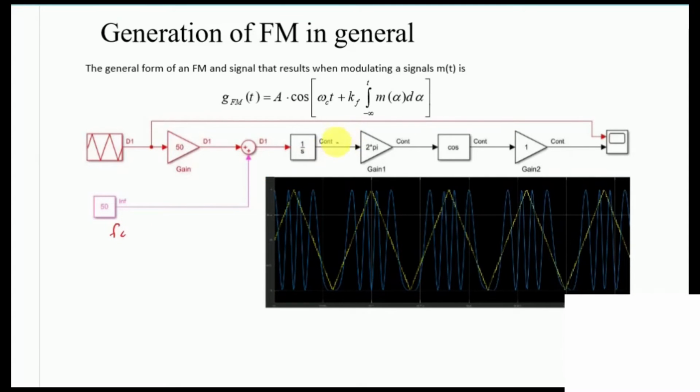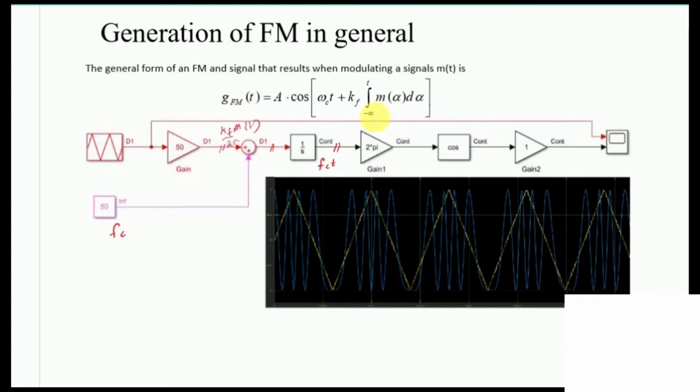Similarly, we would have kf m of t, and once it passes through the integration, we would have kf times the integration of m of alpha d alpha, where the integration is from minus infinity to t, and this whole thing is divided by 2 pi to be in par with hertz rather than radians per second.